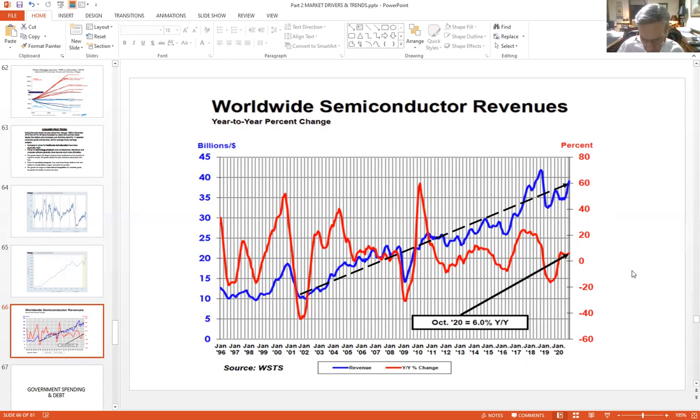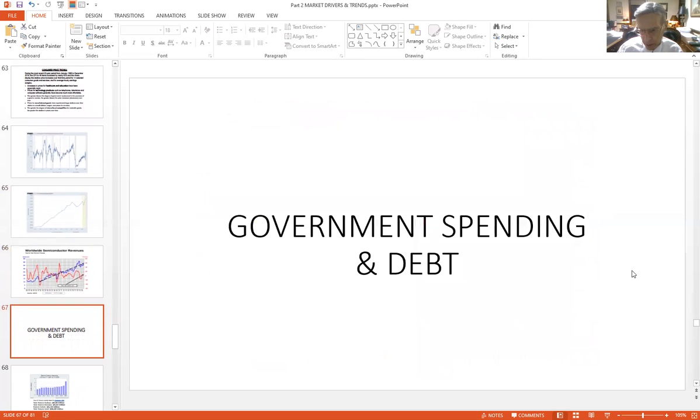So since 2001, they've grown about 400%. So semiconductors, a very large attractive industry. Recently, the growth rate in semiconductors has declined, but you can see in the red line that semiconductor growth rates are very volatile.